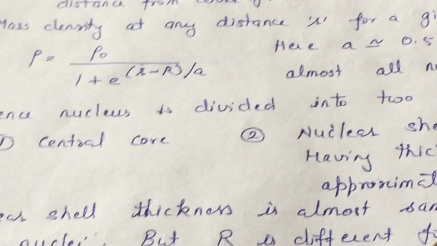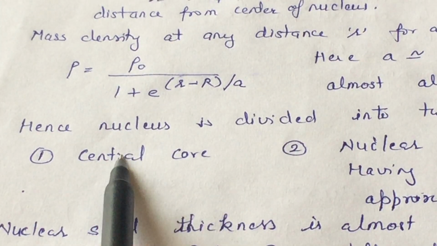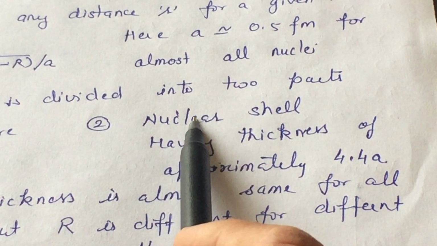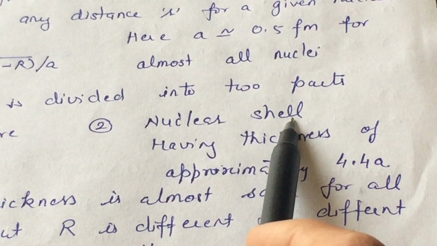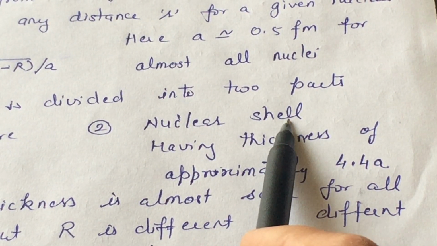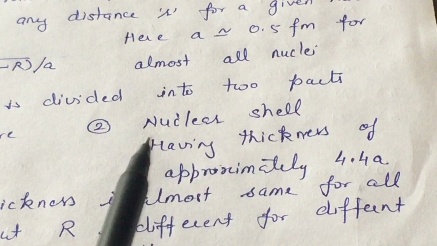Now we divide the nucleus into two parts. One is known as the central core, and the other is the nuclear shells. In the nuclear shells, the protons and neutrons move inside the nucleus, as the electrons move around the nucleus.